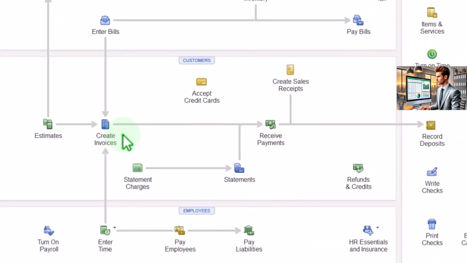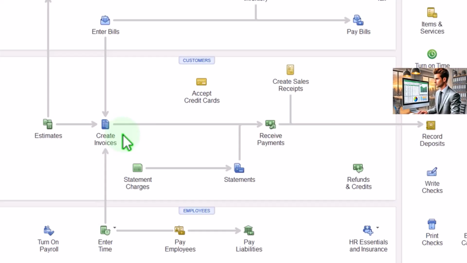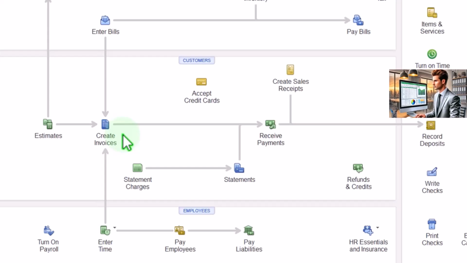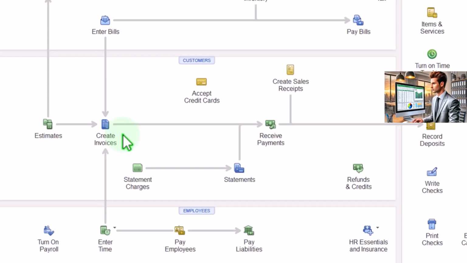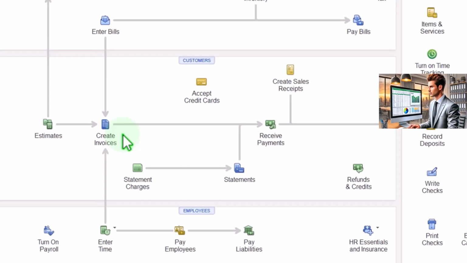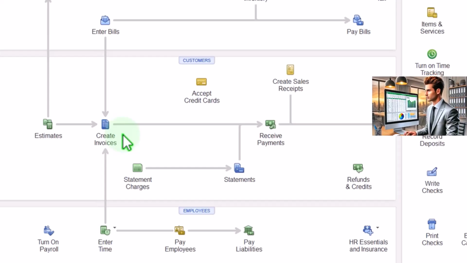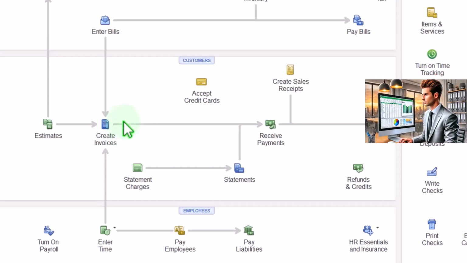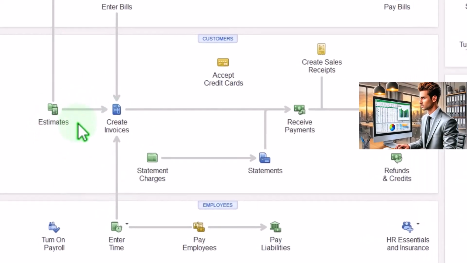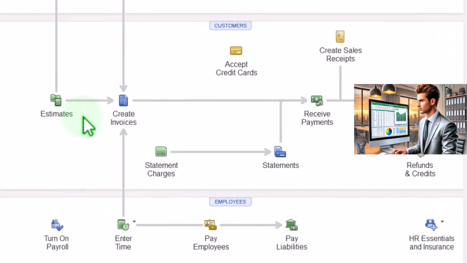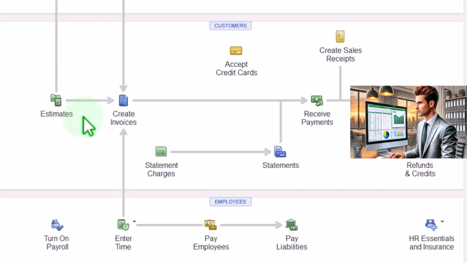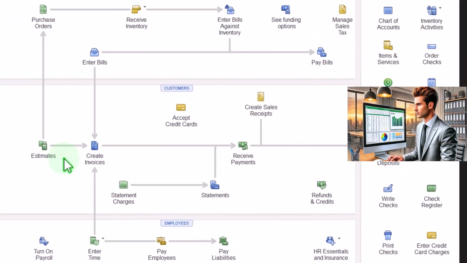So notice that just because of the industry I'm in, it forces me to be on an accrual-based system, because now I have to track the accounts receivable. If I forced myself to be on a cash-based system, even though I have to track the accounts receivable, that's when that toggle is going to cause something to happen on the form.